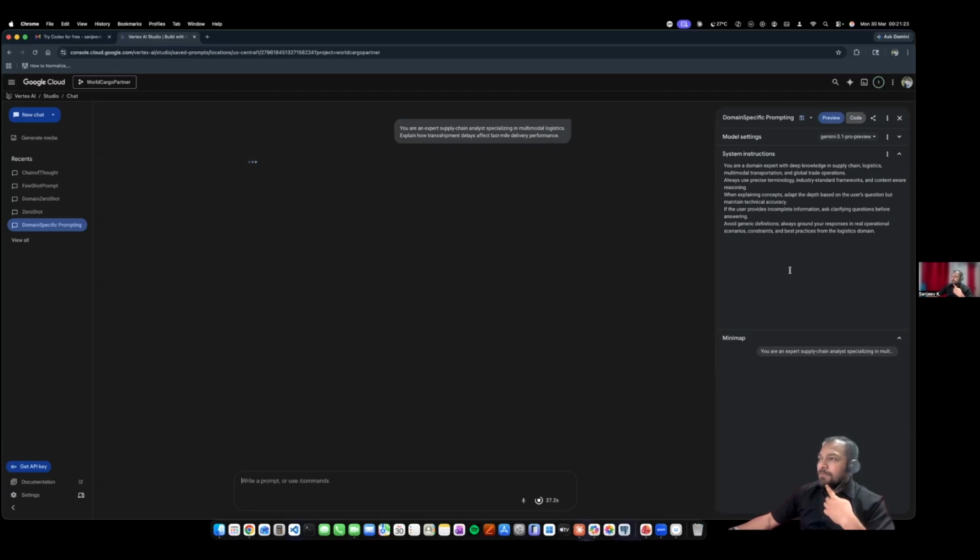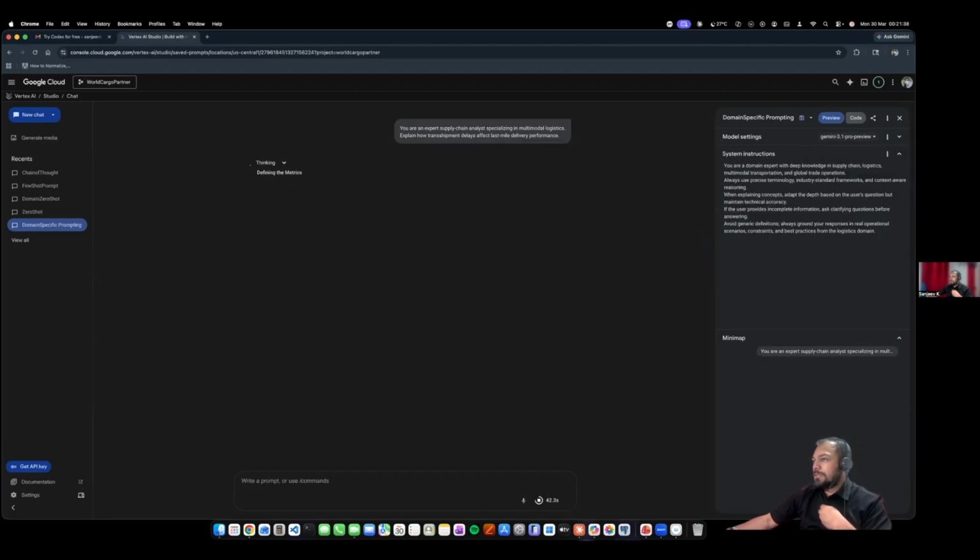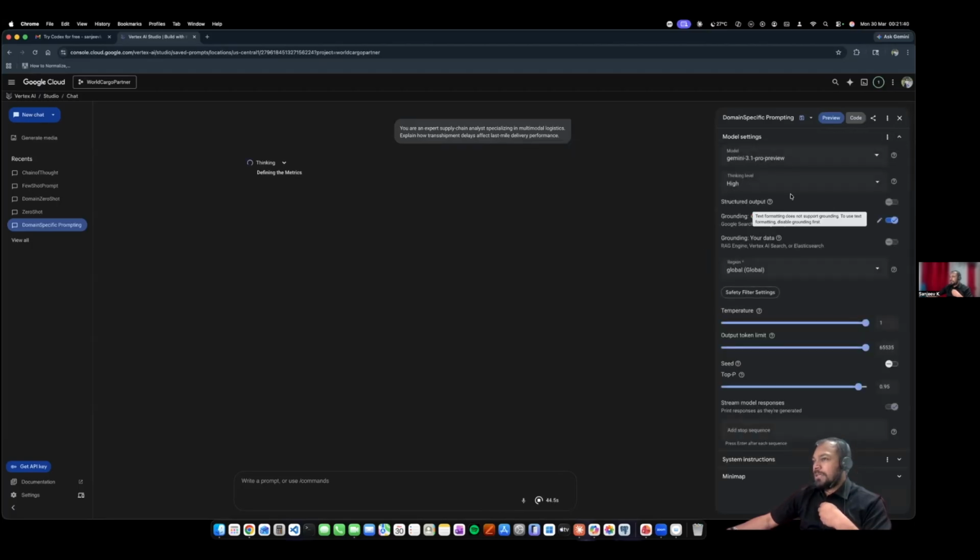By the way, the model that we are using here is Gemini 3.1 Pro Preview. If you drill down this particular part, you will get to know what the model is and all. You can also see the temperature, the top P, and the output token limit.